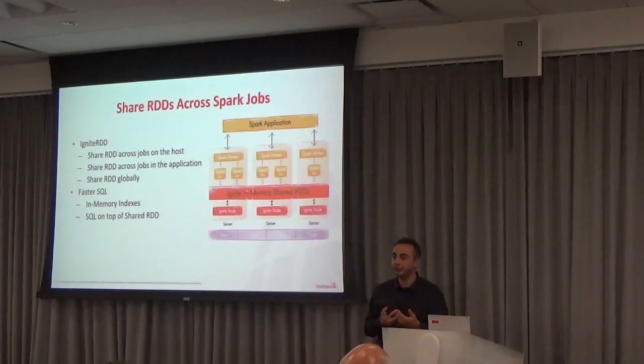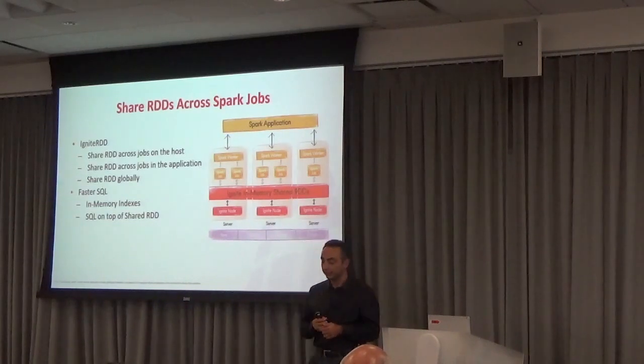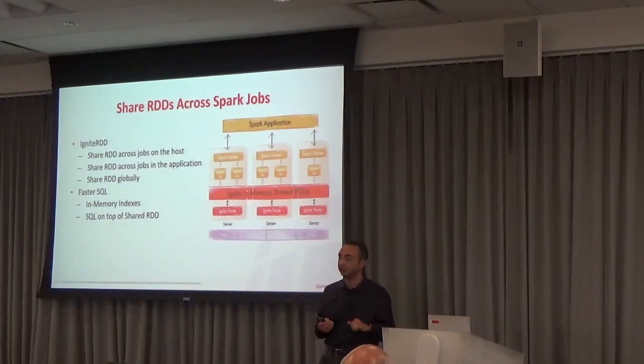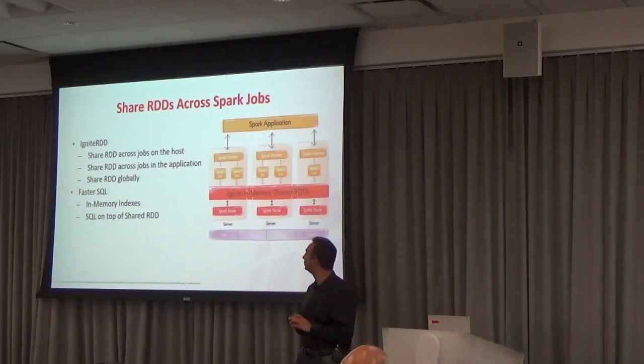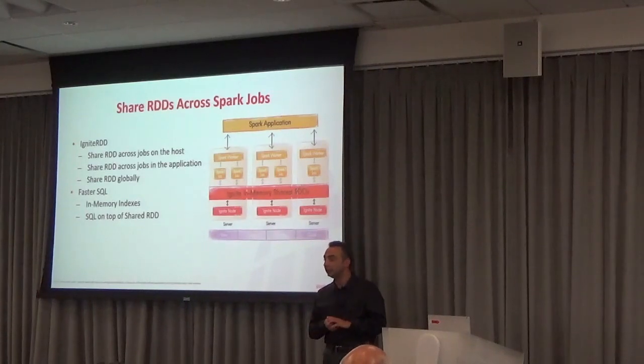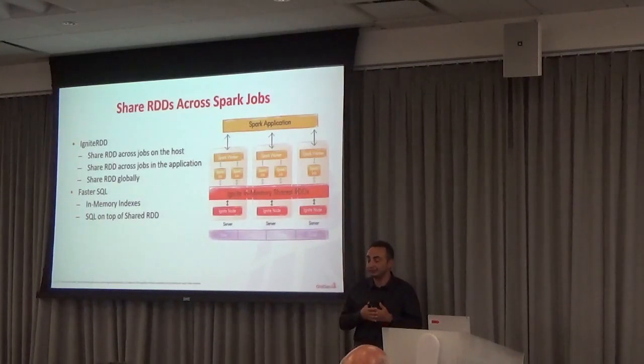And given that we do data storing very well, for us it was very easy to provide an RDD implementation in Ignite based on the native Spark RDD API. So essentially the class is called IgniteRDD, and it essentially allows you to store data within native RDD in Spark, but at the same time that RDD will become a cache within Ignite.